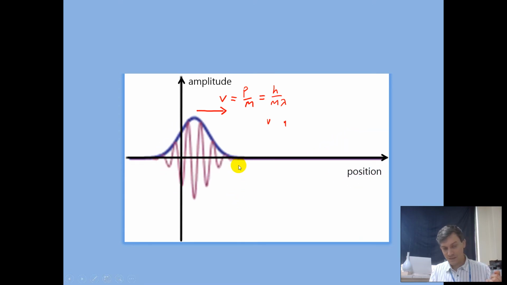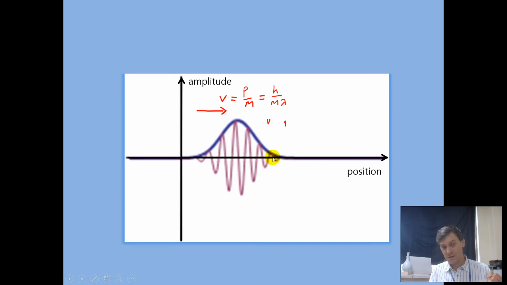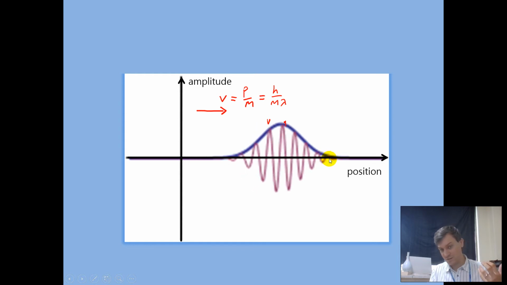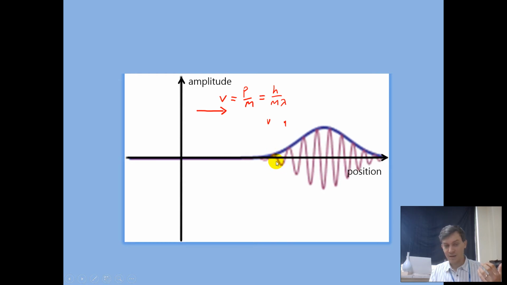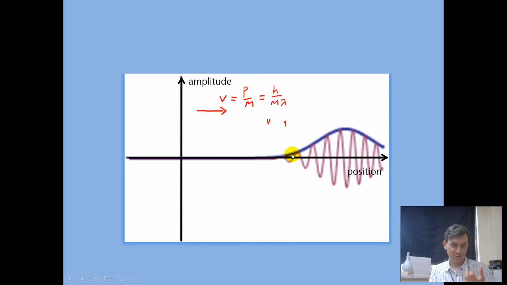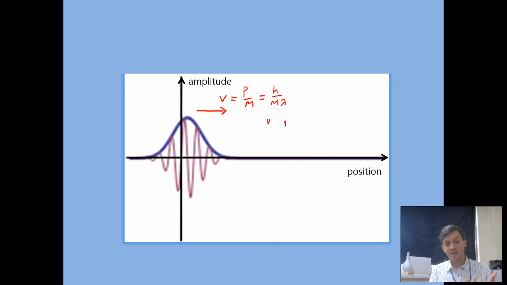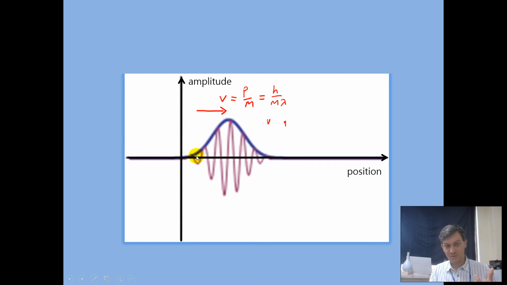Another thing you can see is if you look at the front end and the back end of the wavelet, then the wavelength is different. At the front end here, the wavelength is smaller, and at the back end here, the wavelength is longer. That makes sense because a longer wavelength corresponds to less momentum, so less velocity.